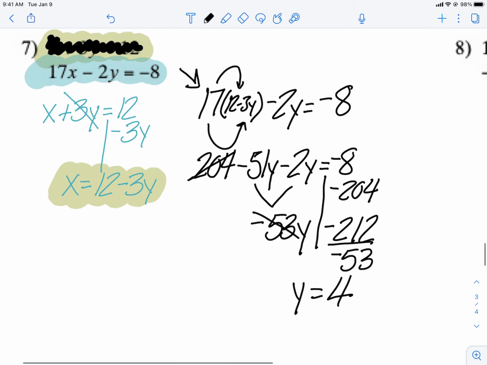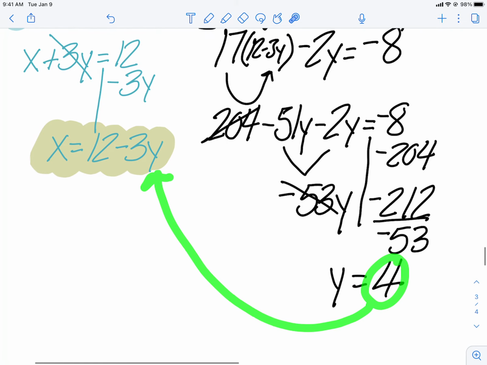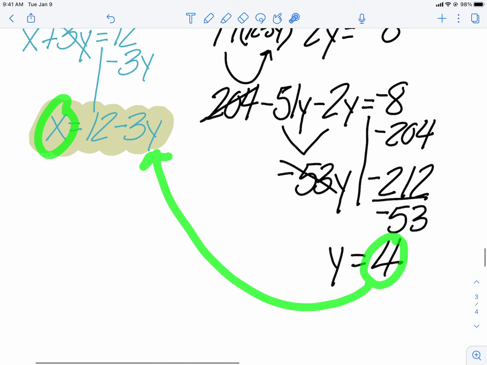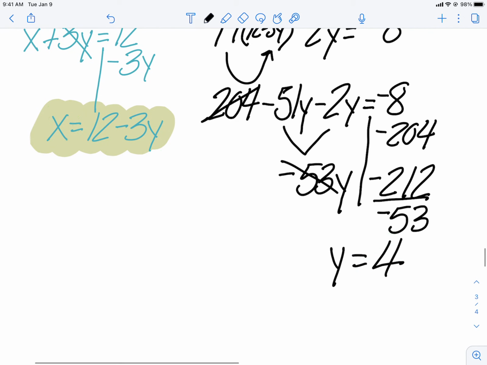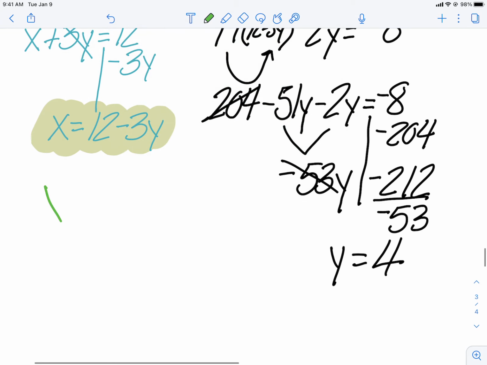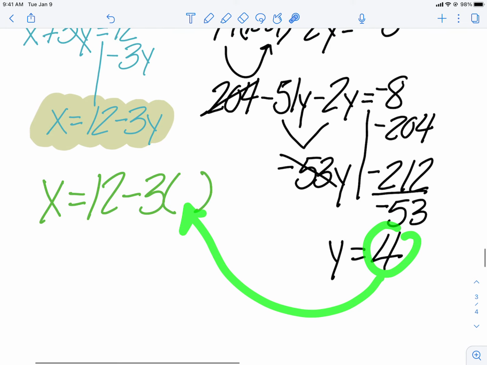So I got my 4 now. Fortunately for me, I need x, but look what I'm going to do with this 4 right here. I'm going to put it right in there, because I already have x by itself here. So I am going to write x is equal to 12 minus 3y, but I'm going to put a parenthesis because, like we talked about, this 4 is going to go right in there.